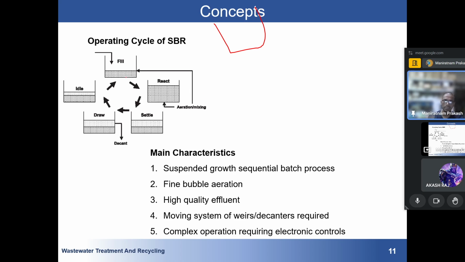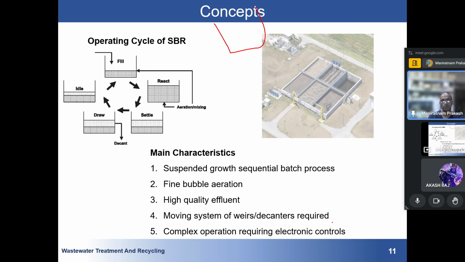So we can see that each thing is happening in a particular unit, so that's why it is known as a sequential batch reactor. Suspended growth, sequential batch, fine bubble aeration, high quality effluent, moving system, and complex operation requiring electronic control. So here you can see this is a picture of this sequential batch reactor.